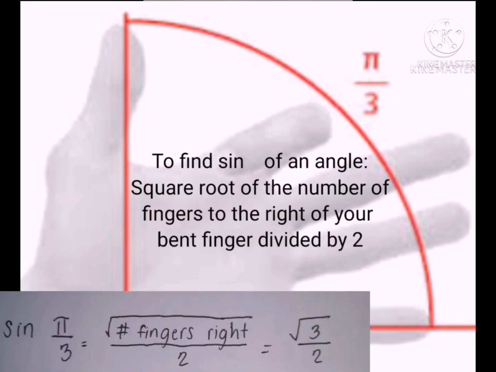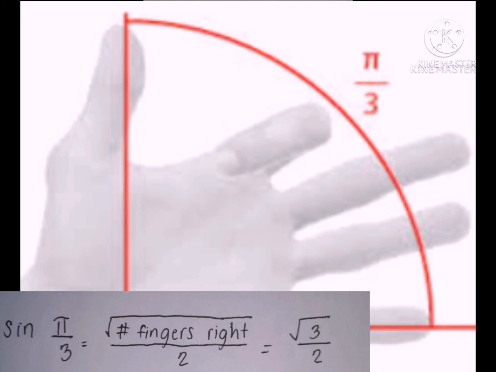To evaluate sine of an angle, square root of the number of fingers to the right of your bent finger divided by 2. So, we have sine pi over 3 is equals to square root number fingers right over 2. Ilan ba yung natira sa right natin? 3. So, equals square root of 3 over 2.